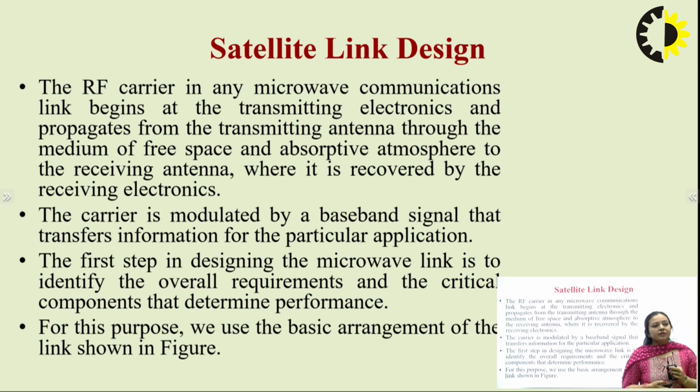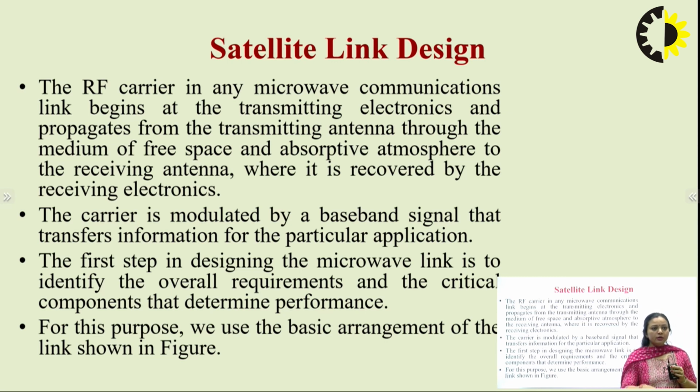Now the RF satellite link design. The RF carrier in any microwave communication link begins at the transmitting electronics and propagates from the transmitting antenna through the medium of free space and absorptive atmosphere to the receiving antenna, where it is recovered by the receiving electronics.